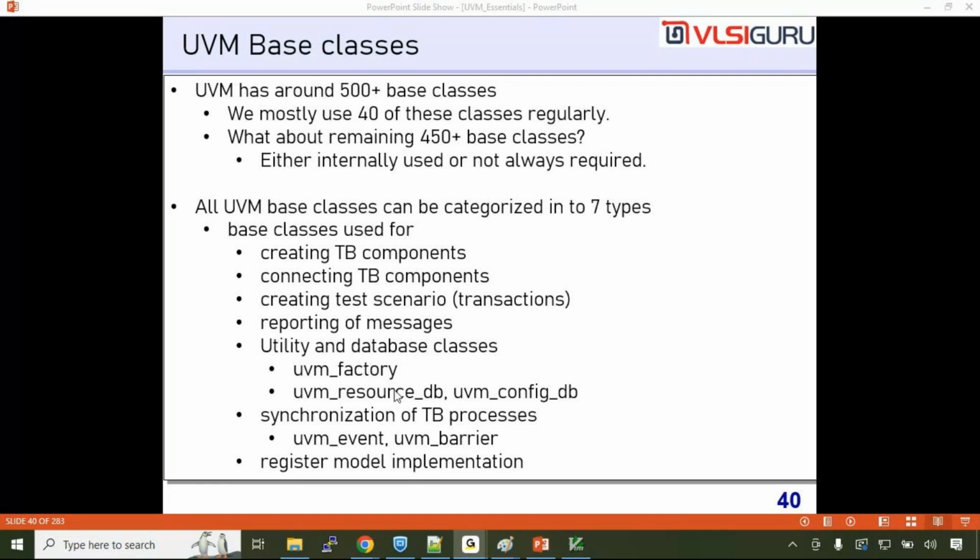So we have synchronization of the test bench process. Like we used to use semaphore, event. Similar things are done using UVM event and UVM barrier. Then there is some concept called register model. For that we have register model base classes, register base classes. Like this, these are the 7 categories. There could be another 2-3 categories which are not very important for us.